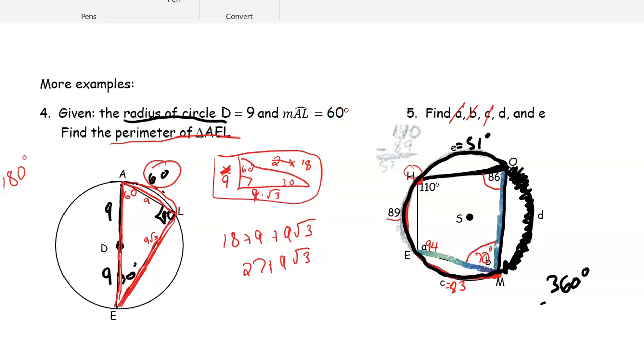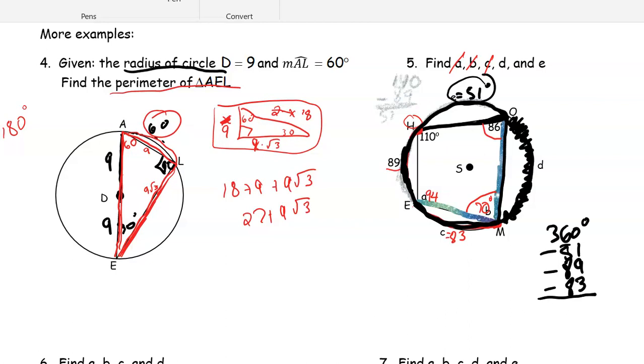So all we have to do is do 360, subtract the 51, subtract from H to E here, the 89, and then subtract from here to here, the 83. And then once those are all gone, whatever is left has to be the D value that we are still missing. Okay, so let me do that on my calculator real quick.